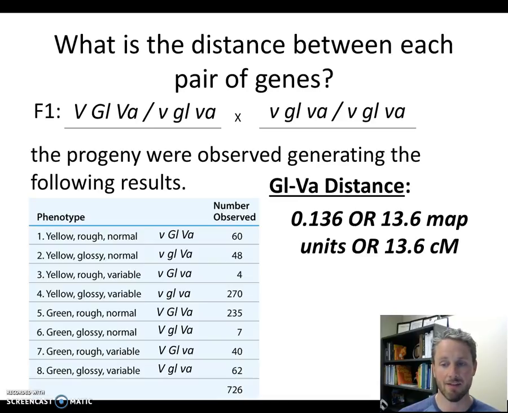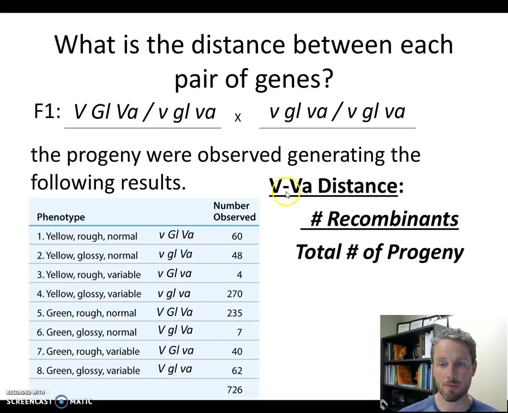Okay. And then again, the last pair of genes is the outer pair, V to VA. V to VA represents the outside pair of genes. Every recombination took place in between those genes. So we're going to add up the 60, the 48, the 4, the 7, the 40, and the 62.